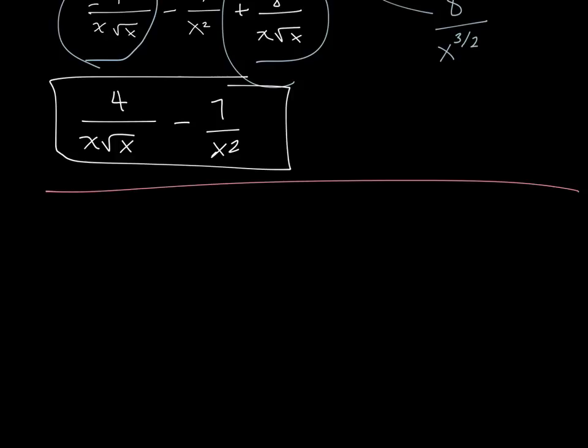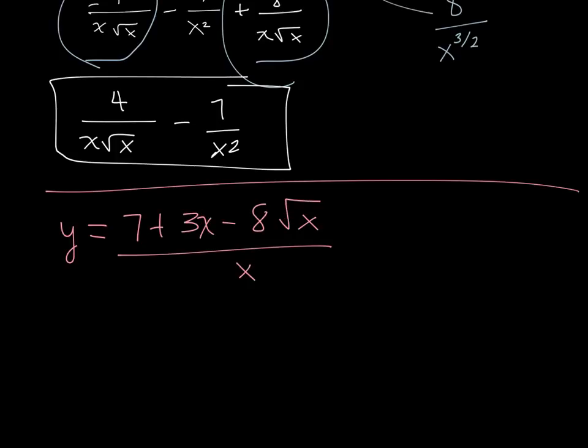So it was y equals 7 plus 3x minus 8 square roots of x over x.